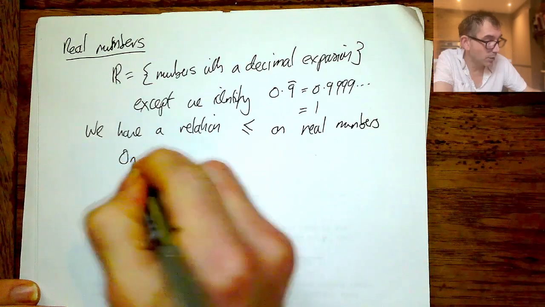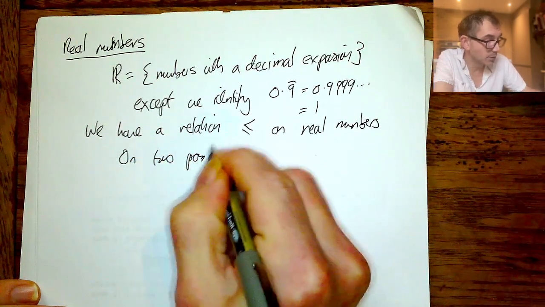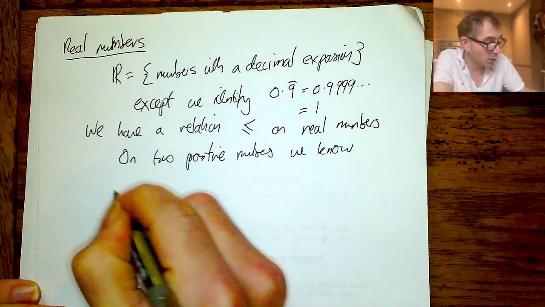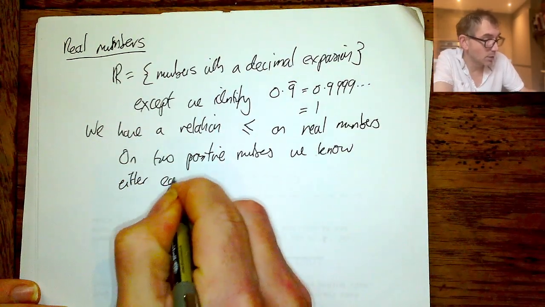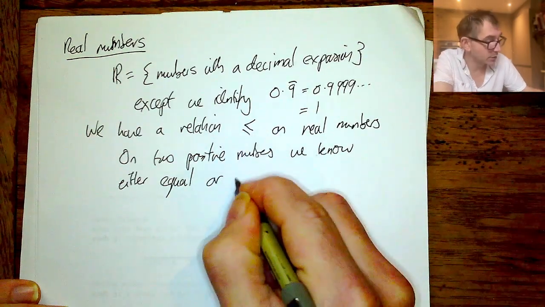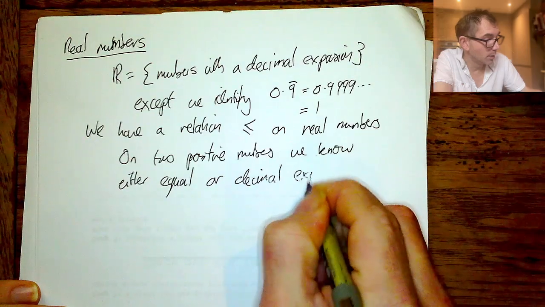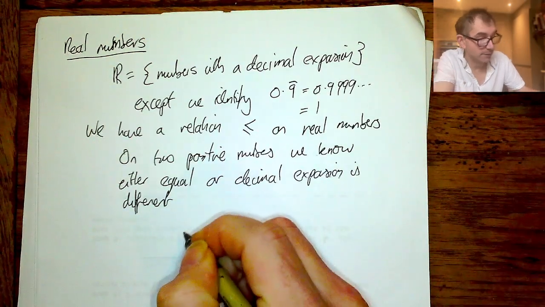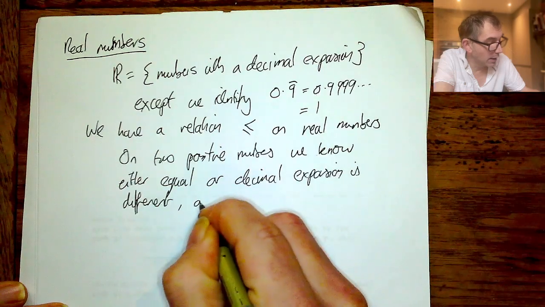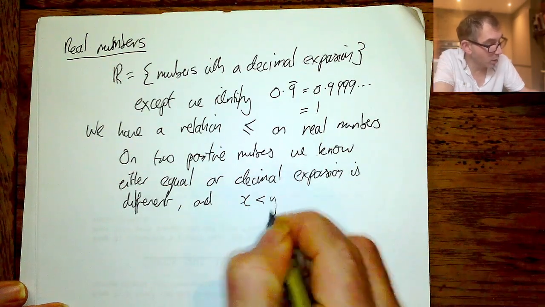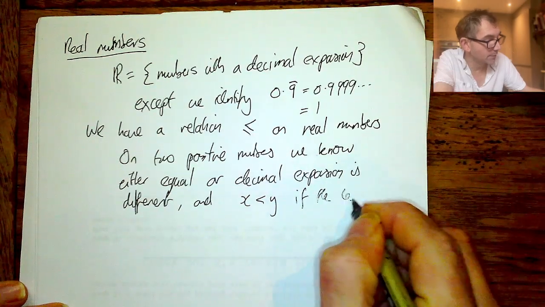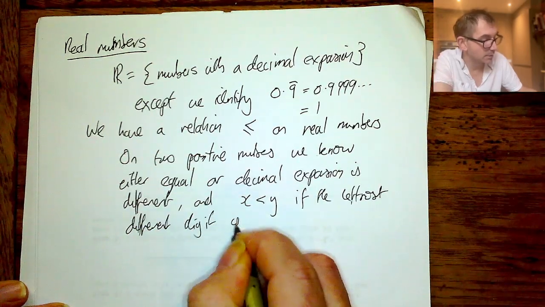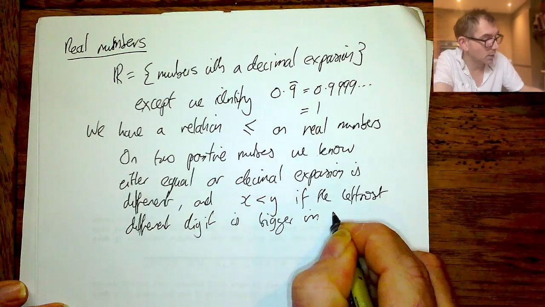So on two positive numbers, we know either that they are equal, or that the decimal expansions are different in a first place from the left, and x is less than y if the leftmost different digit is bigger in y than in x.